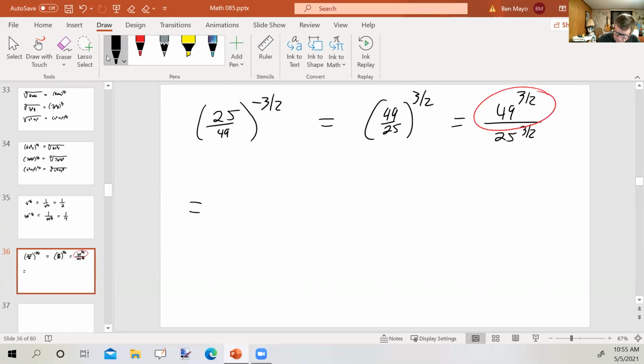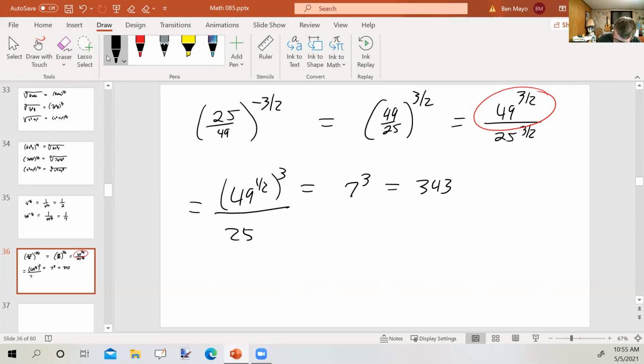Taking the numerator, I can do the root first and then the power. So that's, let's see, 7 cubed. I think it's 343. Okay. And then taking the root and then the power, 5 cubed, which is 125.